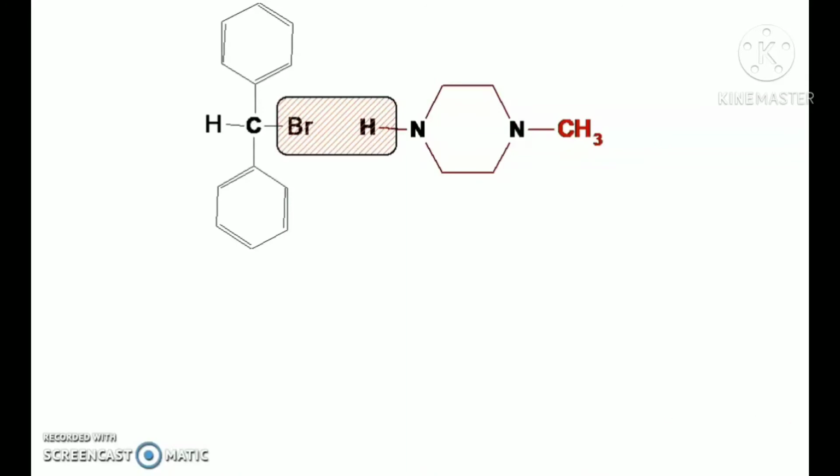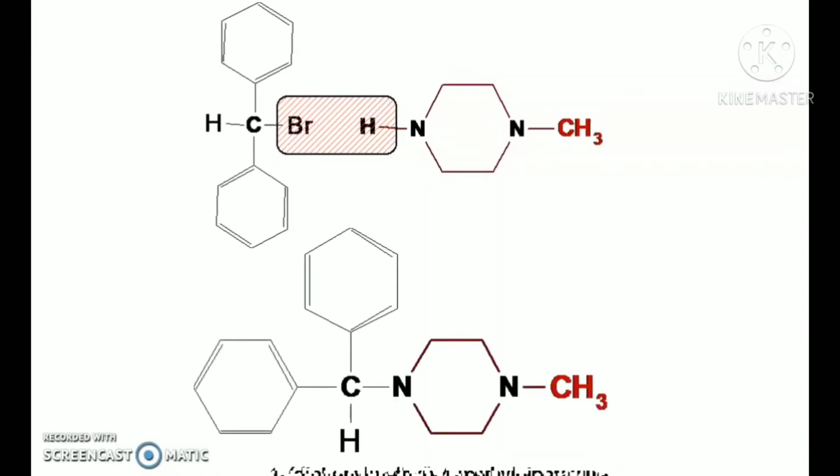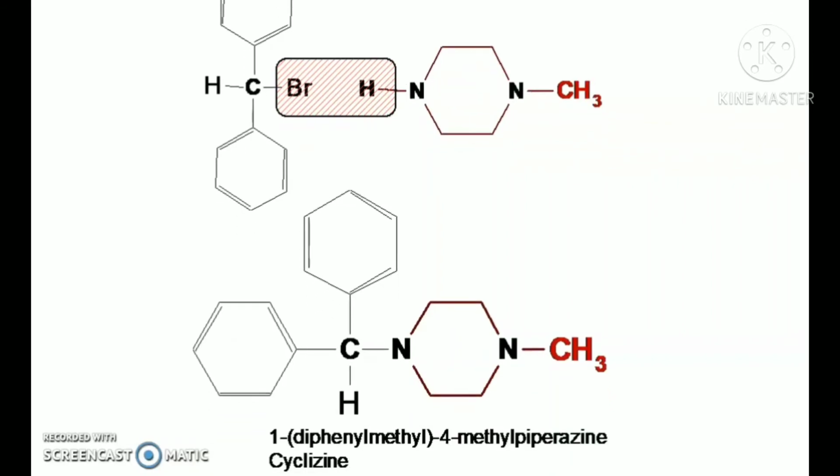That is, it contains 2 benzene rings joined by a single carbon atom. That is why it is known as a benzhydryl compound. The alkylation reaction takes place and you get cyclizine. So that's all about the synthesis of cyclizine and cyclizine derivatives.